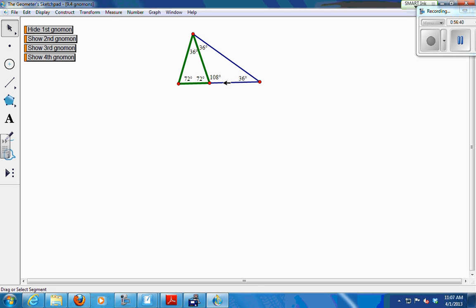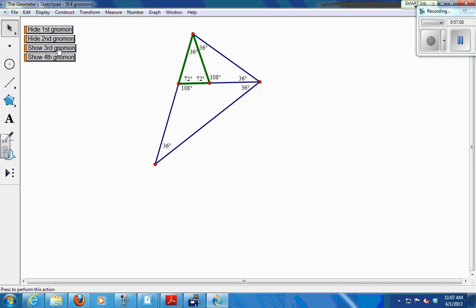So this glued together triangle is similar to the green triangle. Same shape, just turned on its side. So then I'm going to do another one. And now my glued together big triangle, this guy, is similar to the green one. It's just rotated and bigger.